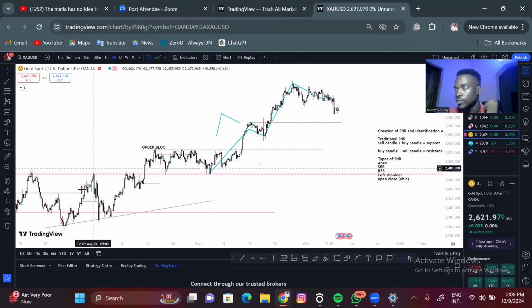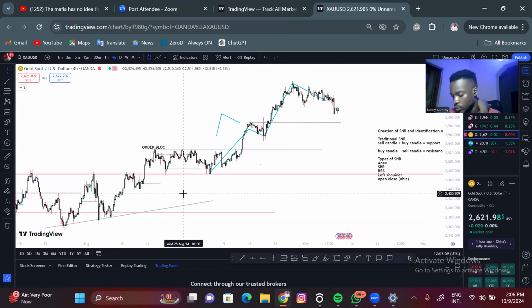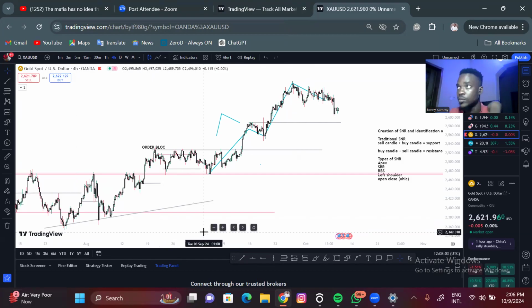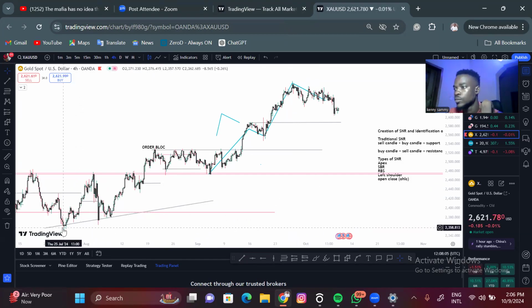You know, when we're talking about the market structure, we talked about different types, the uptrend and downtrend. And as you can see from this chart, we are in an uptrend, right? From here down to here.